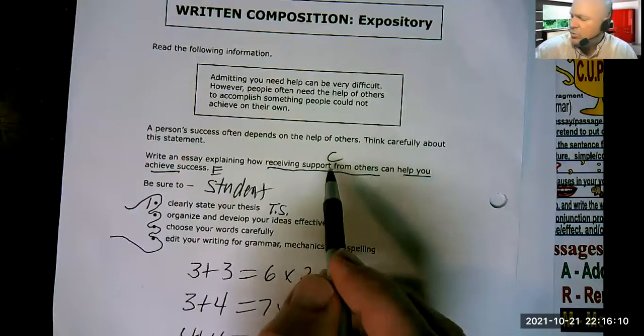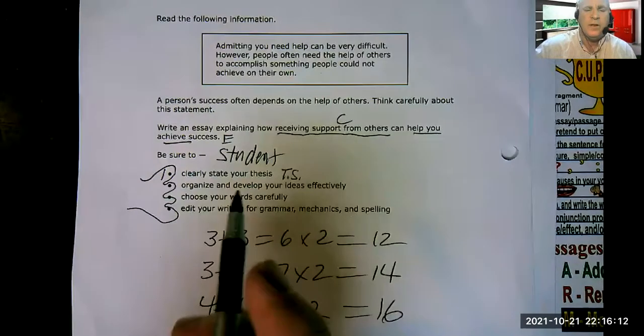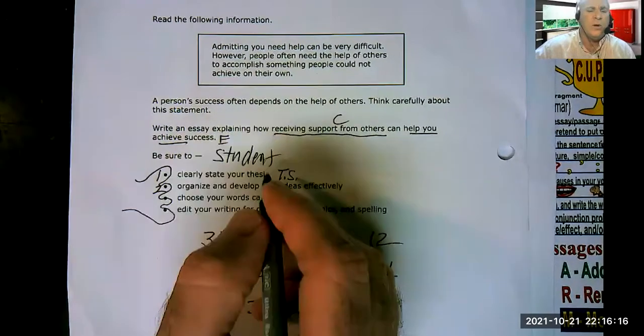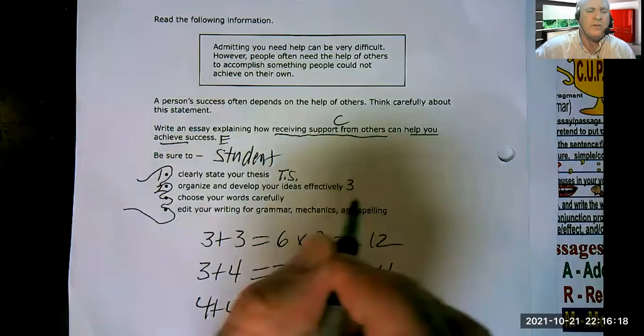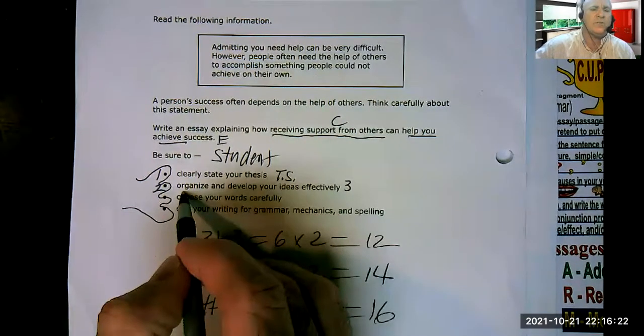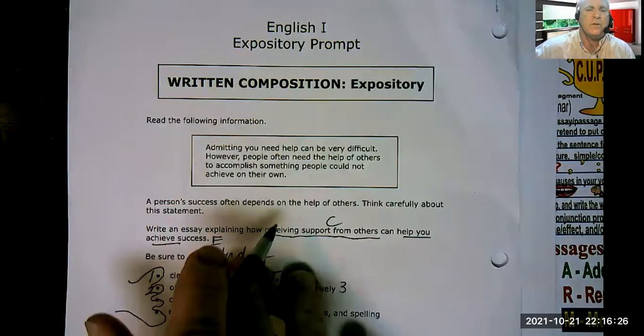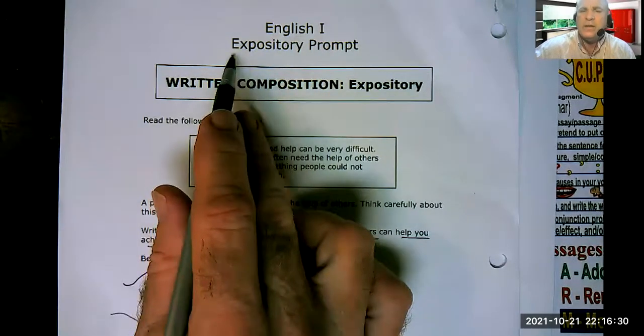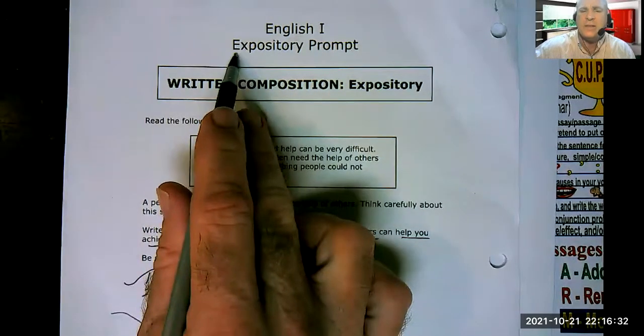In order to turn the 1 into a 2 and then a 3, I'm going to put a 3 on this end. You organize, make sure you have reasons and examples. But I want you to notice the first 2 letters are EX. Example. Take an example and EXP, explain it.